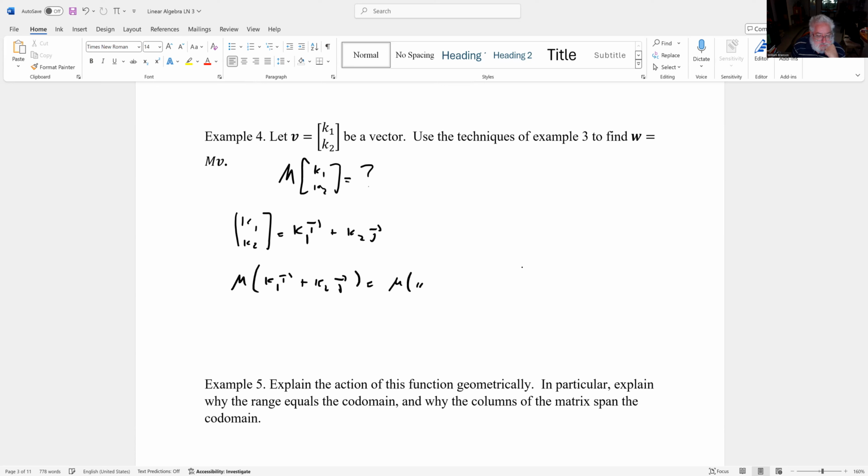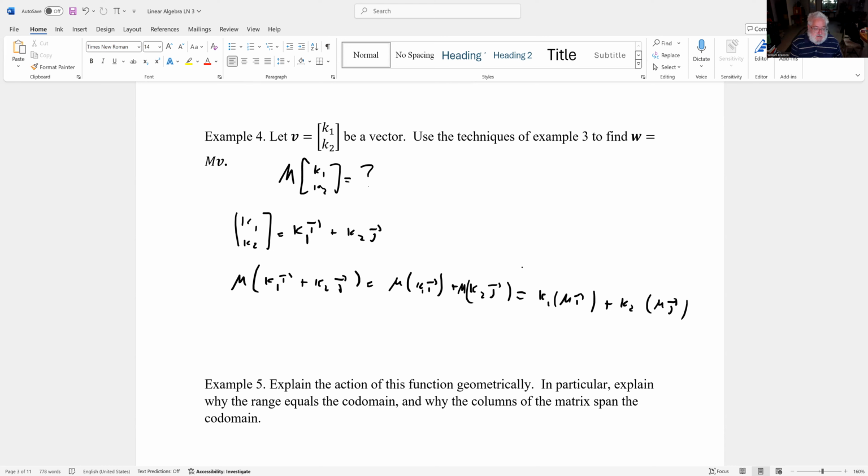Well, it's m times k1i plus m times k2j, right? Because you can distribute the m. And then we can take the k's, the k1 and the k2 out. So it's k1 times mi plus k2 times mj.